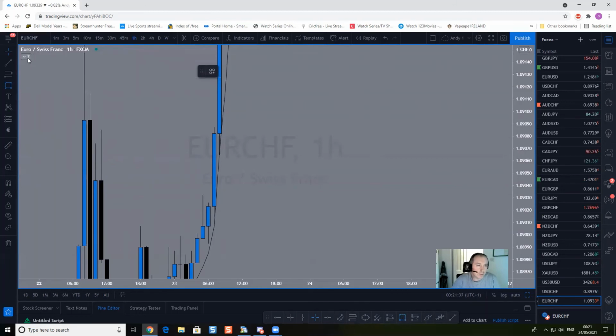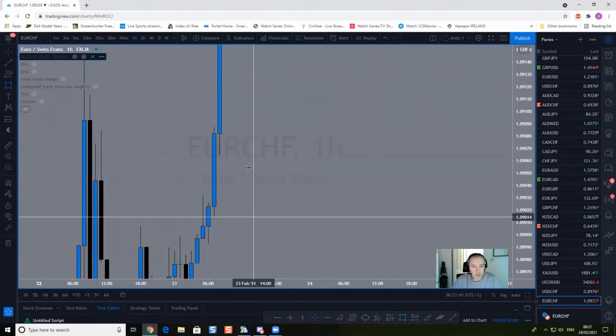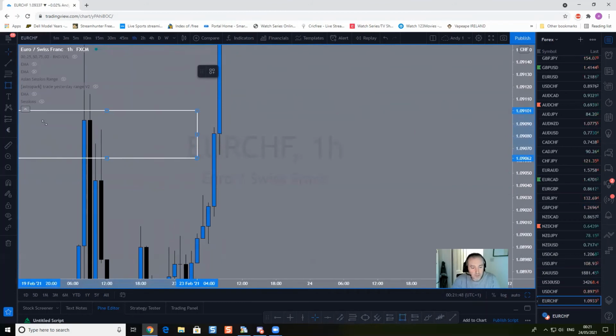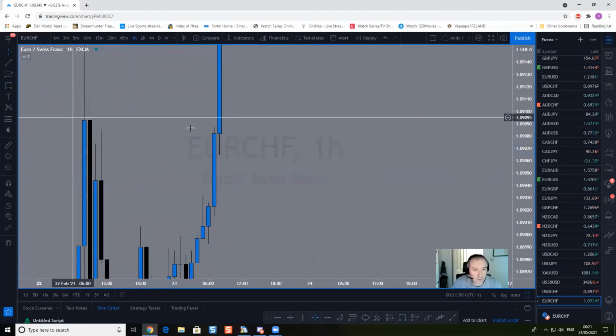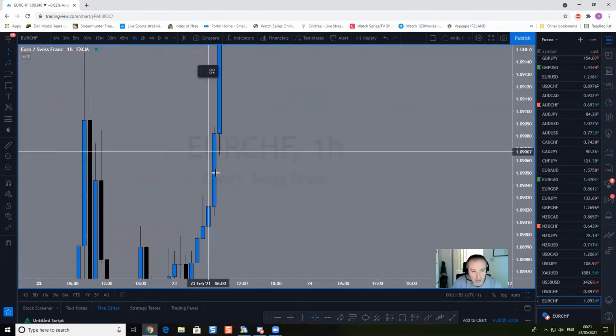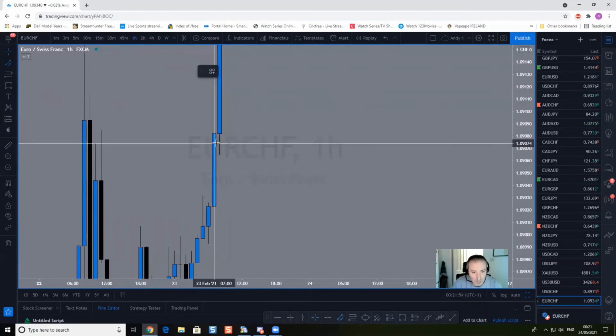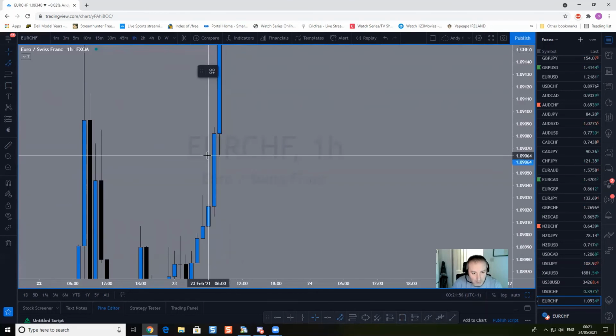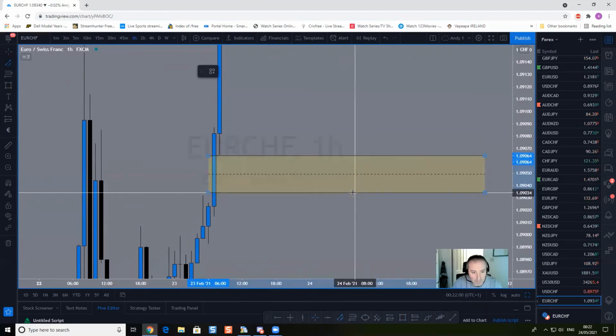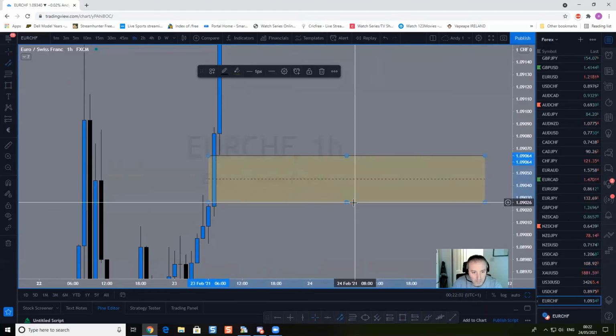Actually, yeah, that's better. So just close that a second. Sorry. Okay, so I'm looking at IPA here. See how the candle, there's a gap there. So here's our IPA from this point to the very top of that wick.